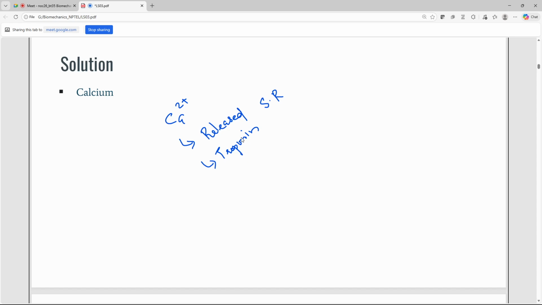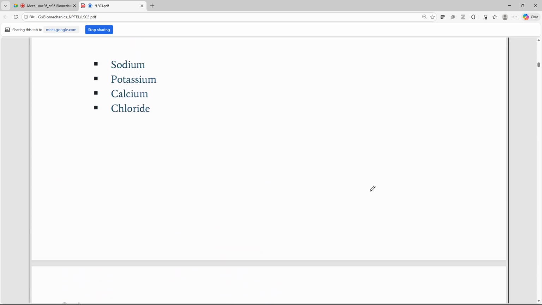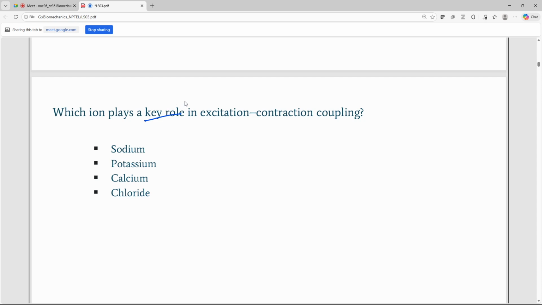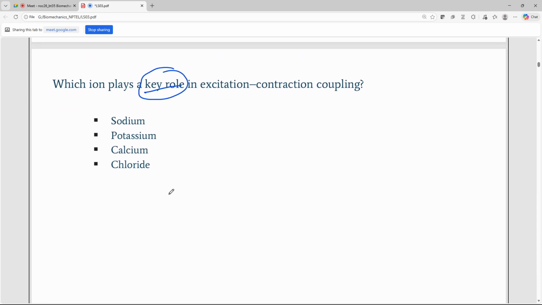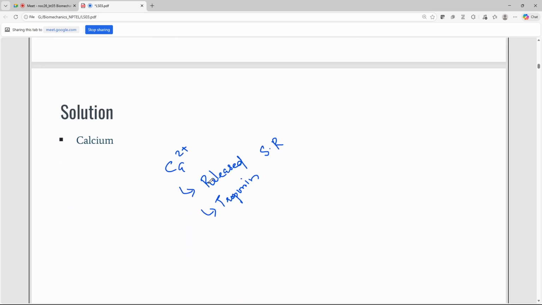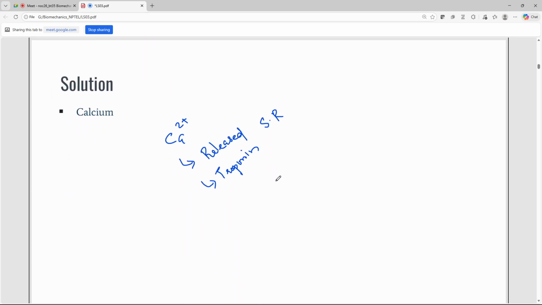And the major thing here is that the keyword in the question is key role. Even though sodium, potassium, phosphorus, all those terms will be there, the thing is which has more role. Here it is calcium, because excitation contraction coupling will last as long as there are Ca2+ ions and ATP, adenosine triphosphate.